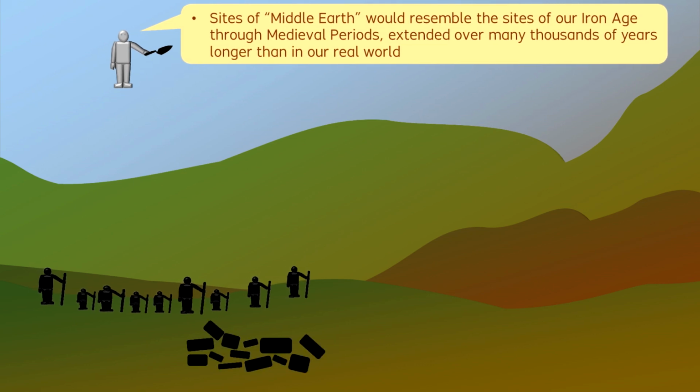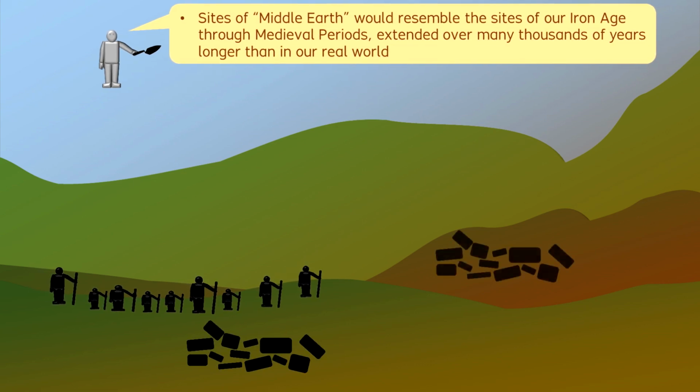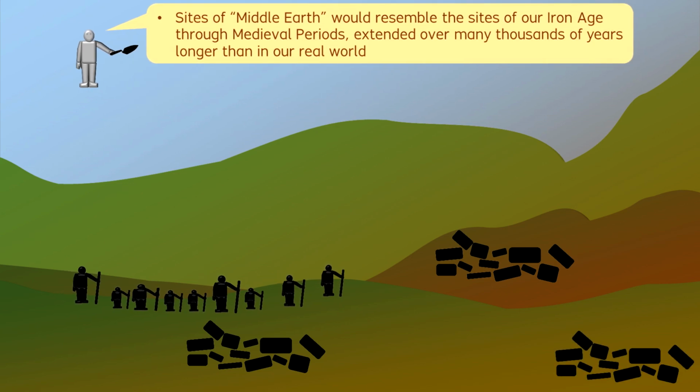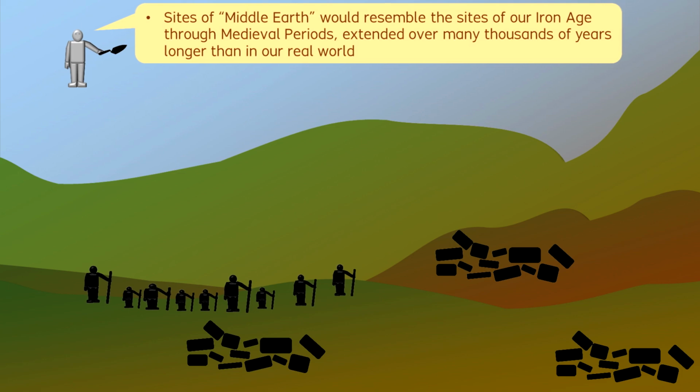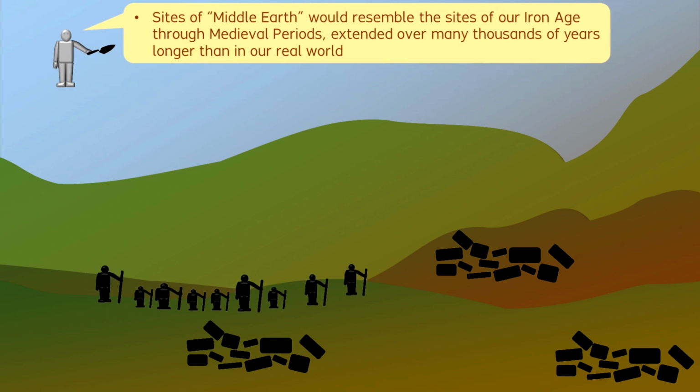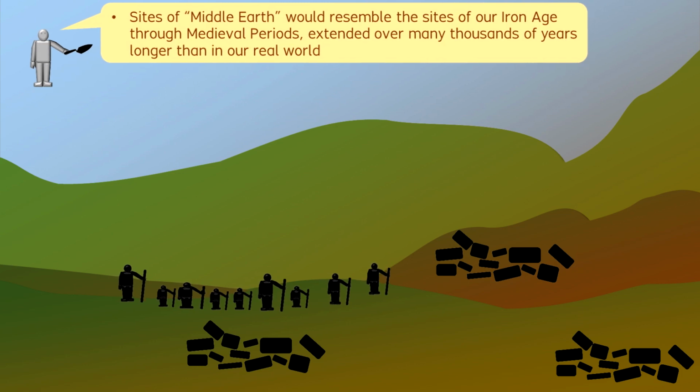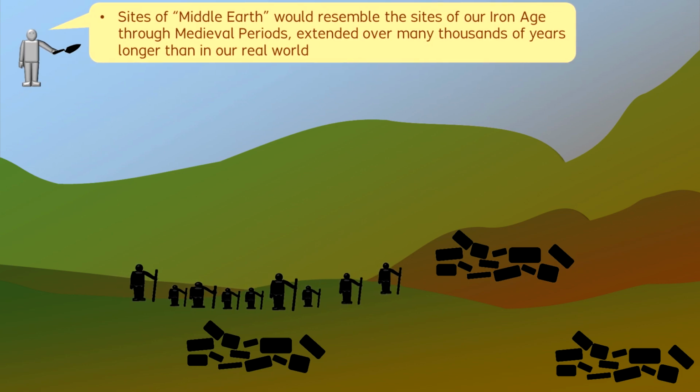As a result, if we want to impose our world's reality of archaeology into the fantasy setting of Middle-earth, then first we will need to consider the implications of a greatly extended Iron Age through medieval context, spanning over some thousands of years.